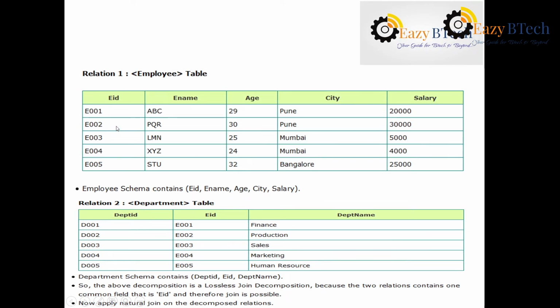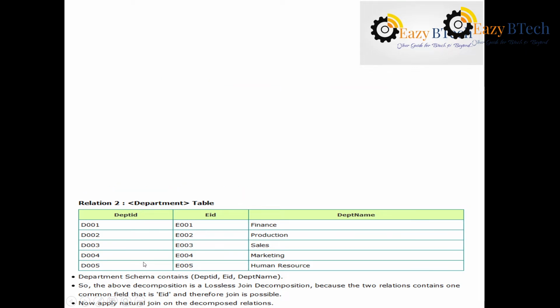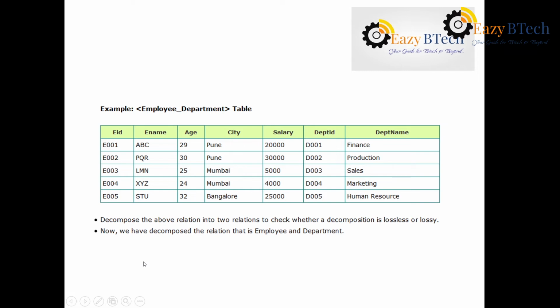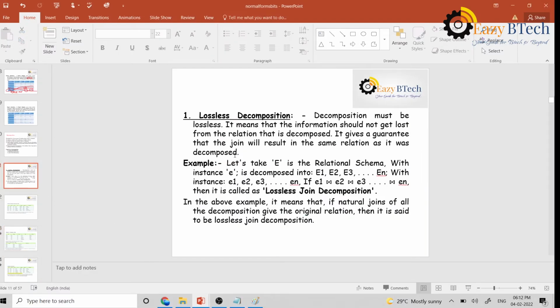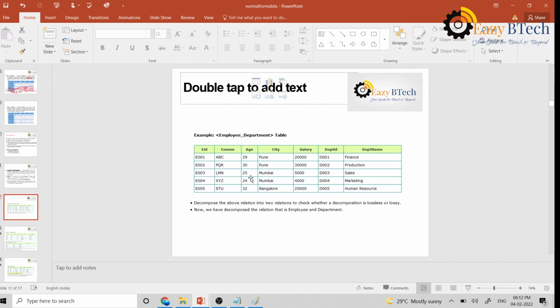In this particular table, EID, the employee ID, is the primary key. What about here? Department ID is the primary key.